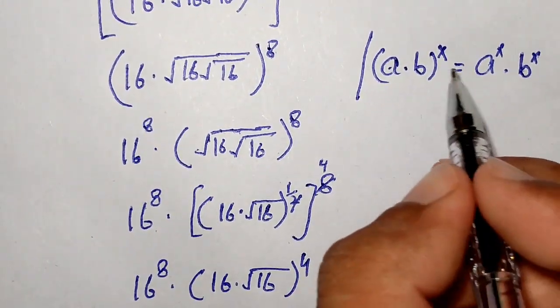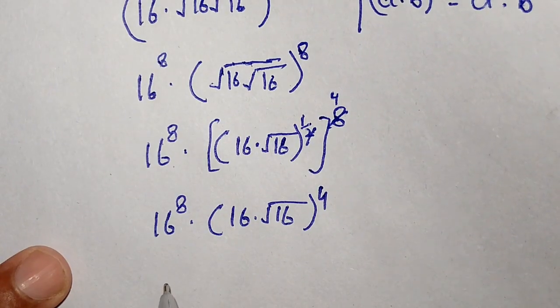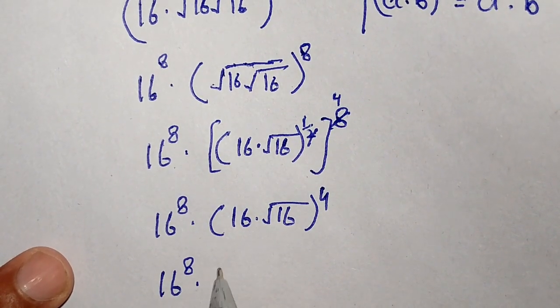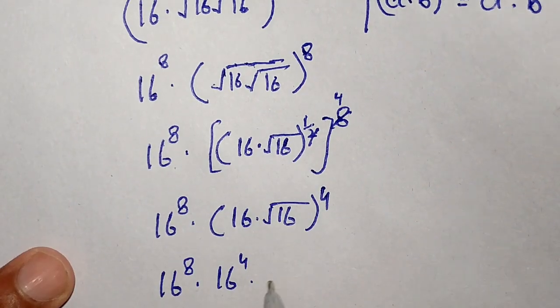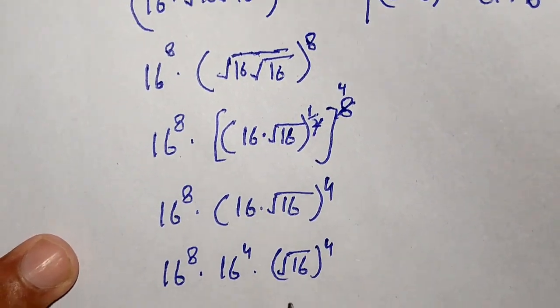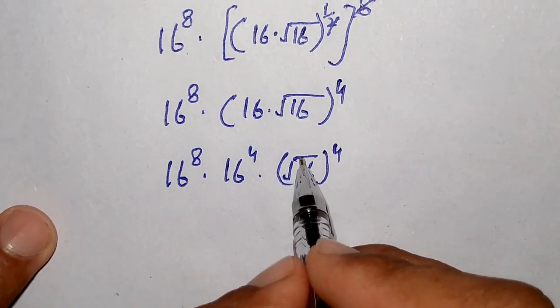Now again to apply this rule, this will become 16 to the power of 8 times this 16 to the power of 4 times this square root of 16 to the power of 4. Now in the next step, again we have to write 1 over 2 in place of this square root.